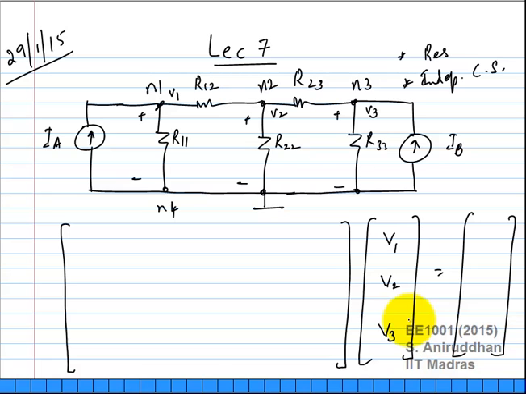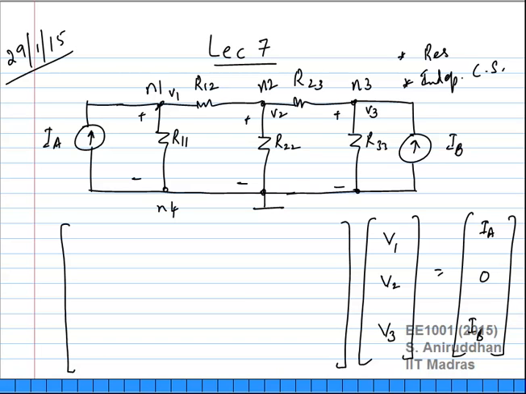That is the source vector. So this would contain the sum of all independent currents entering the corresponding node. In this case, you only have one current, which is IA entering N1. Okay, so that is IA. Node 2 has no independent current sources, and node 3 has IB entering the node. Okay.